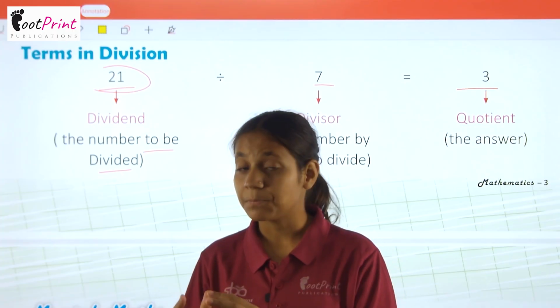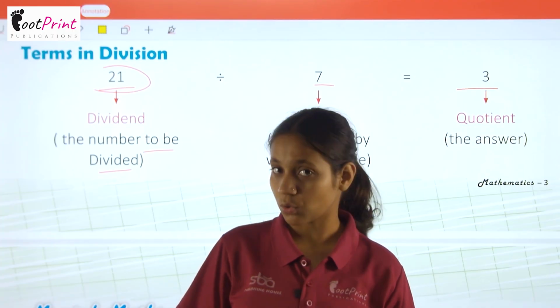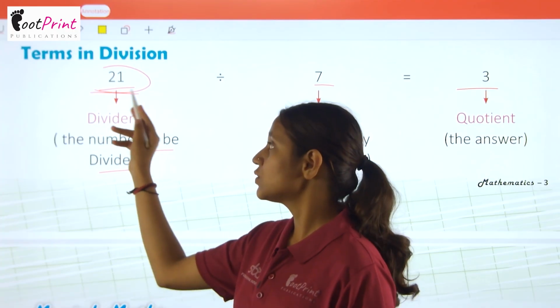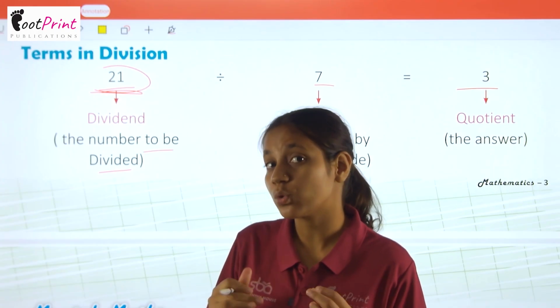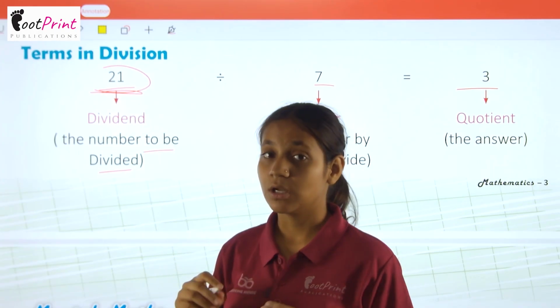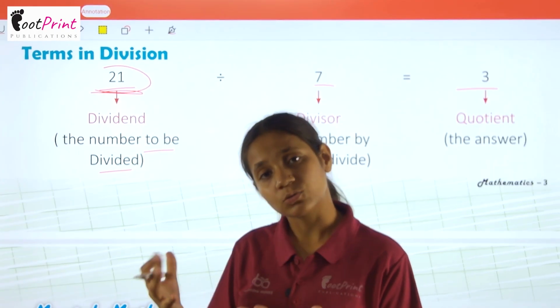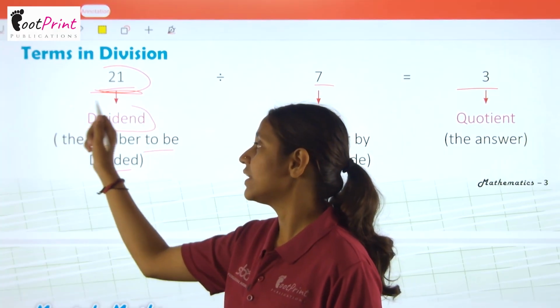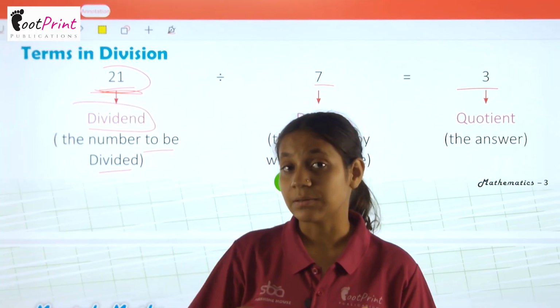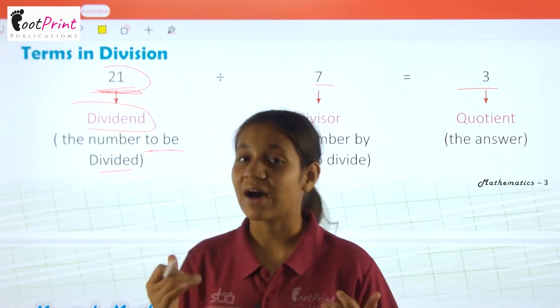A number that shows the stock. How much total do we have? That is 21. So what we have to divide, that is 21, is known as dividend. Dividend, the number which is to be divided.